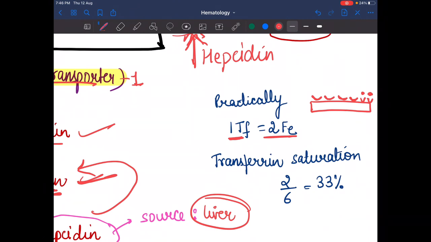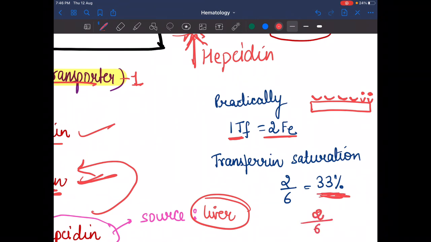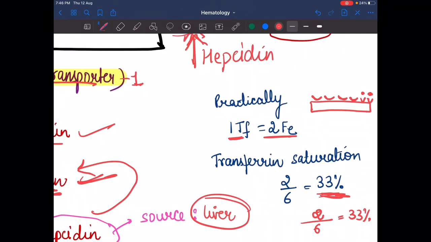So one transferrin molecule transports 2 iron molecules. The iron transferrin saturation is 2/6. The sites were 6 but only 2 are occupied, so the saturation is 33%.